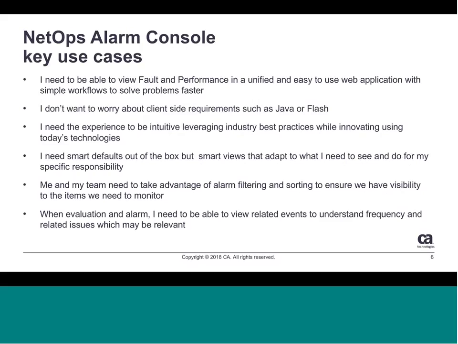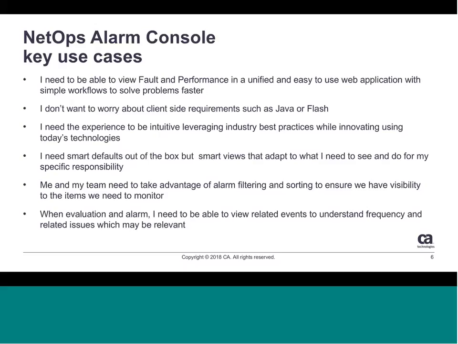We don't want to require a Java client or anything that's going to require upkeep or administration of a large number of client systems. So we wanted to make that web alarm console more accessible and easily accessed, in a way that is going to provide assistance to troubleshooting workflows.